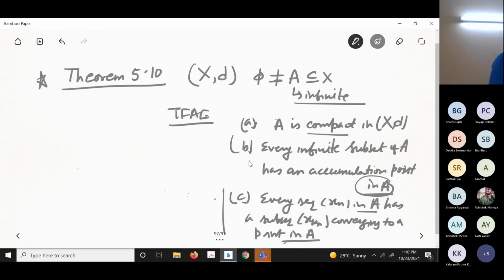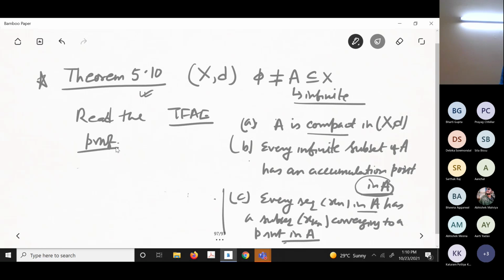Okay, proof. Basically, theorem 5.8 and 5.9, I have proved everything on that. I will prove it later, but whether you understand everything or not, you should read the proof of theorem 5.8 and 5.9 first. You should not have a problem.